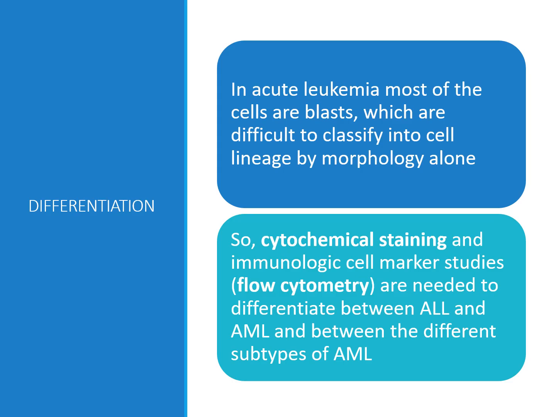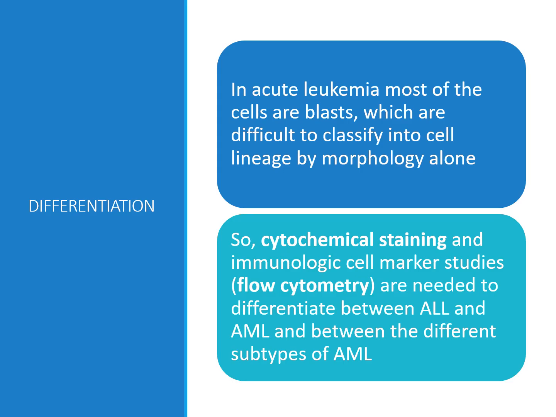And so we really have to find other means of identifying what type of acute leukemia our patient has. In the past, we have used cytochemical staining and immunologic cell marker studies, aka flow cytometry.